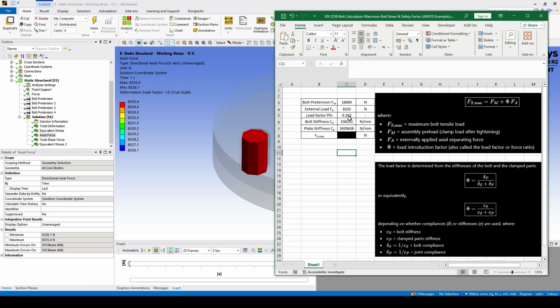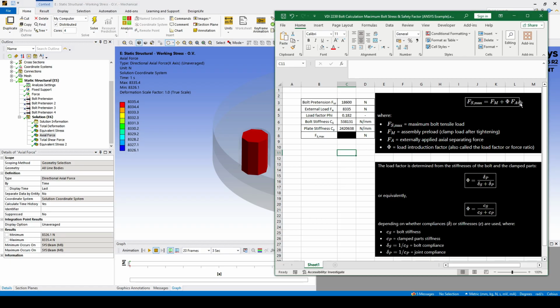That means 18.2% of this external force will go to the bolt, and the rest will act as clamping force on the plate connection. So the bolt will not take the overall 8,000, it will get just a part of it, exactly 18%.